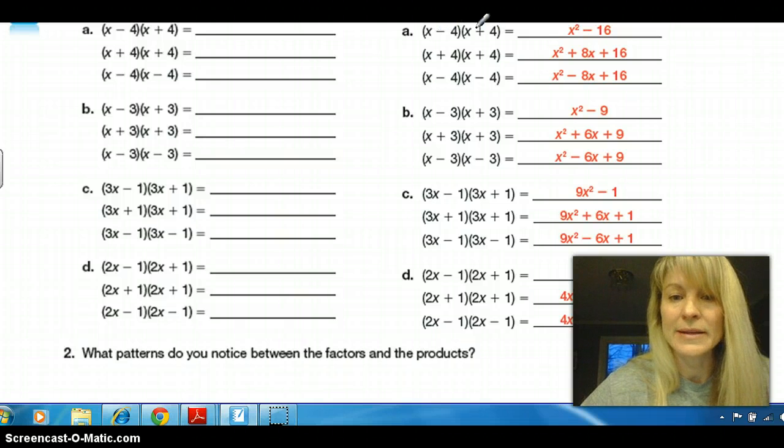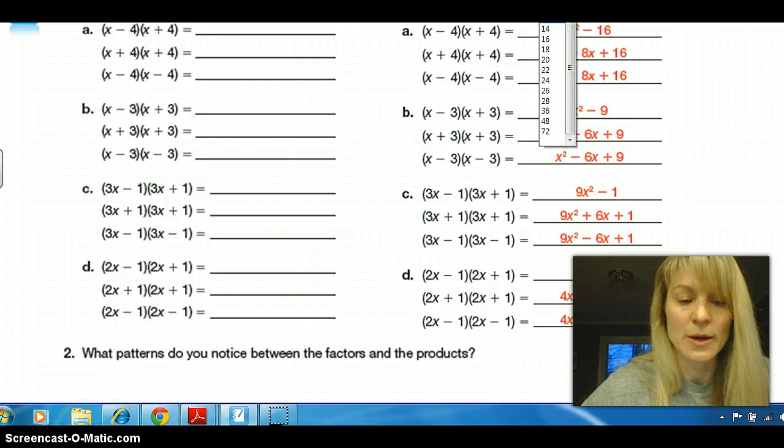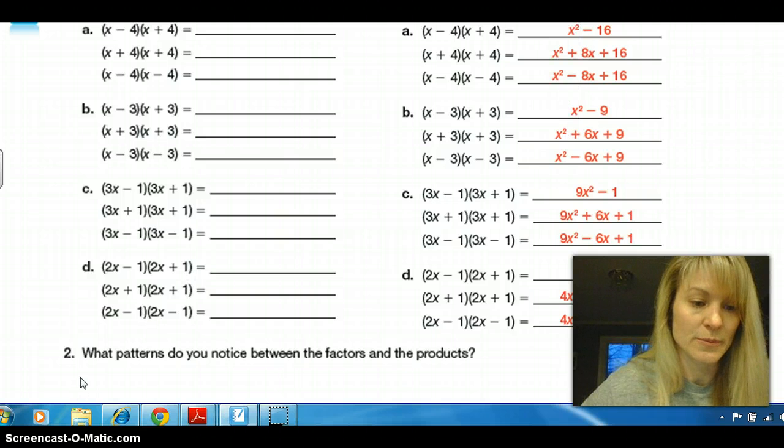When we have a minus plus, we should notice that right here on each one of these, the middle term cancels out, okay? So when I'm answering this question, I can say there's 3 types of problems, so we should have 3 answers here for number 2.